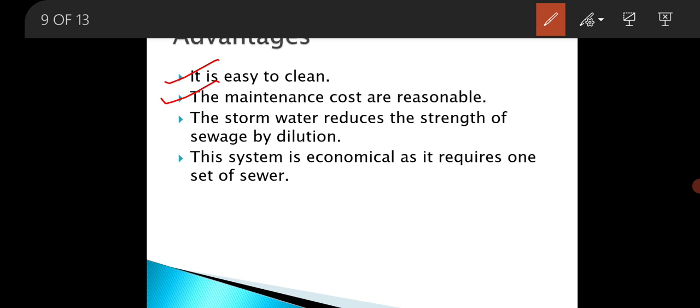The maintenance costs are reasonable as we are using a single sewer for both stormwater and sewage. Due to the presence of stormwater, it will reduce the strength of the sewage by dilution. And this system requires only one set of sewer, hence it is economical.